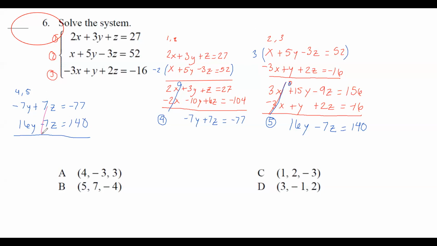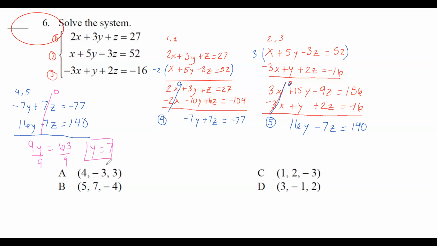So these two are going to combine. They go to 0. And we're left with 9y equals negative 77 plus 140, 63. We have a 1-step equation. Divide by 9, y equals 7. So y equals 7.